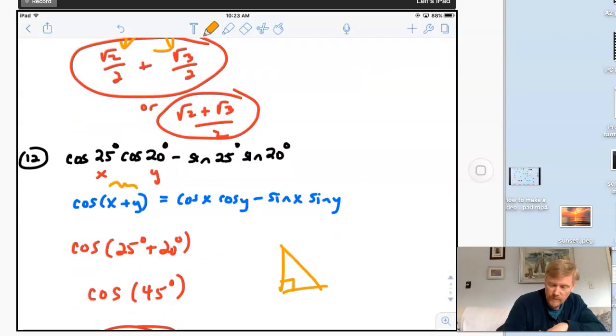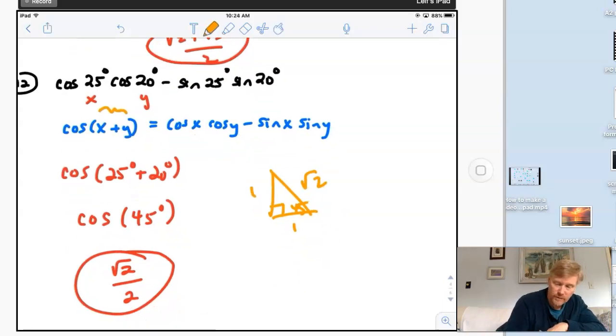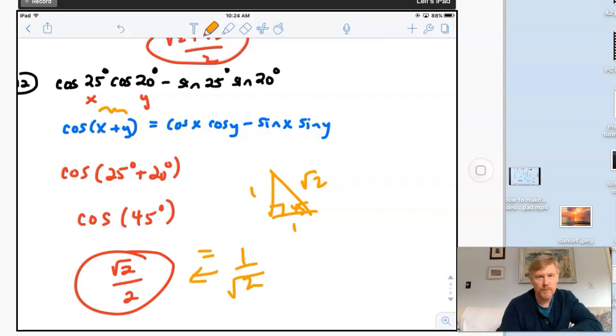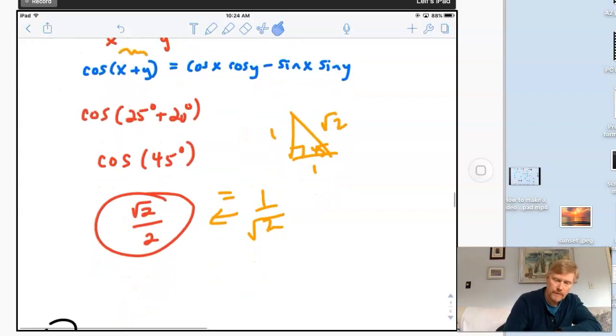And cosine of 45 is square root of 2 over 2, or 1 over the square root of 2, right? And that's my answer. So that's pretty quick that way. That was real nice and easy. I like it when they give it to me like that.